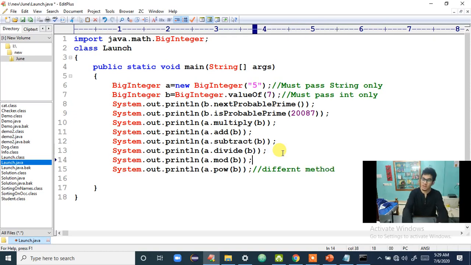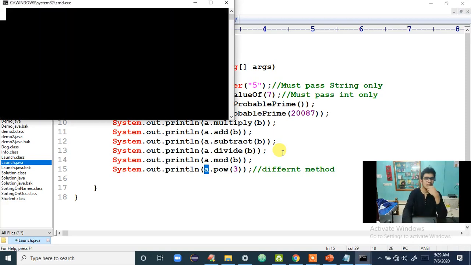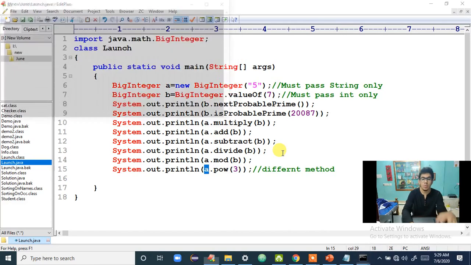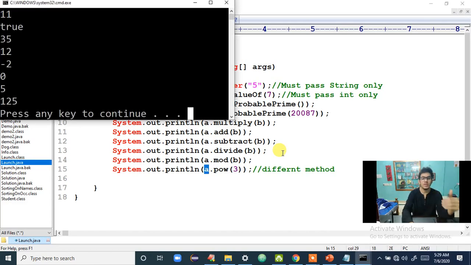This is a method where the left side should be BigInteger, but the right side should be what type? Integer type, like this, that is 3. If I give an integer type, what is a dot pow of 3? a means 5. What is 5 to the power 3? 5 into 5 into 5. 5 into 5 is 25. 25 into 5 is 125. So 125 will be your answer.